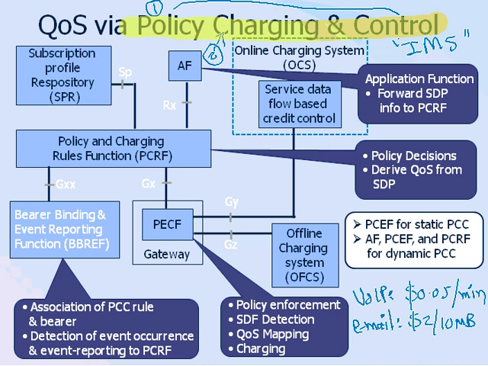Now, how do we know what kind of QoS is required? That's where this application function comes into the picture. So normally what would happen is, let me draw a picture.